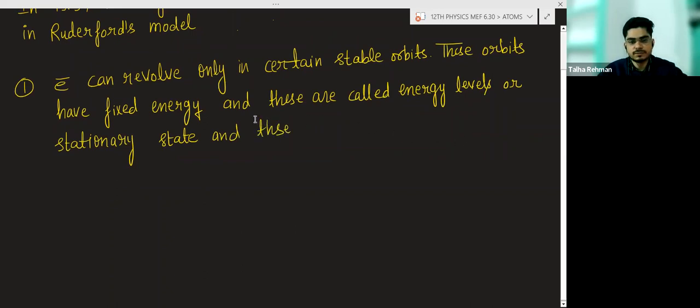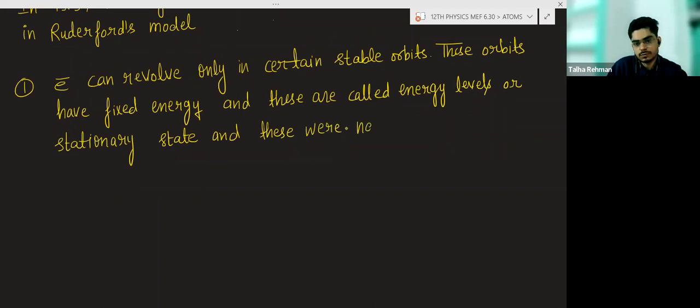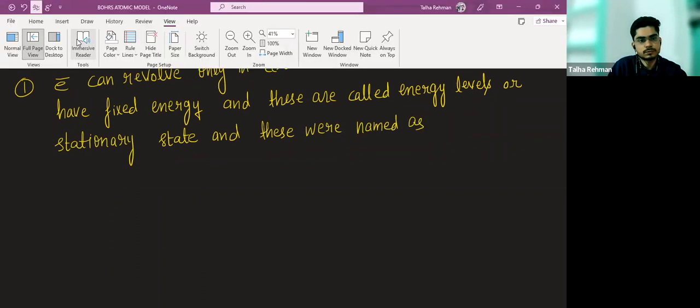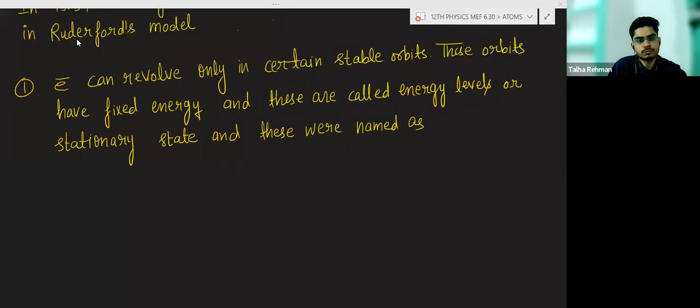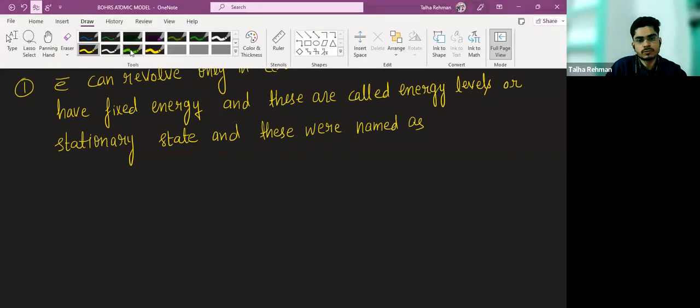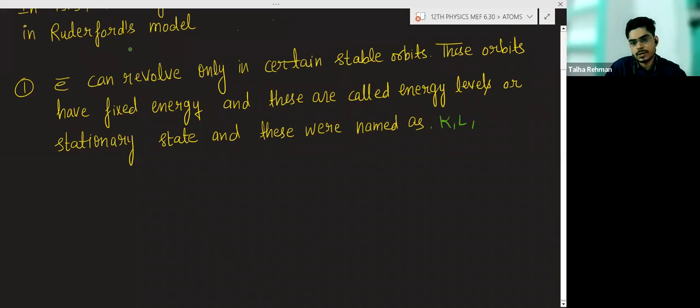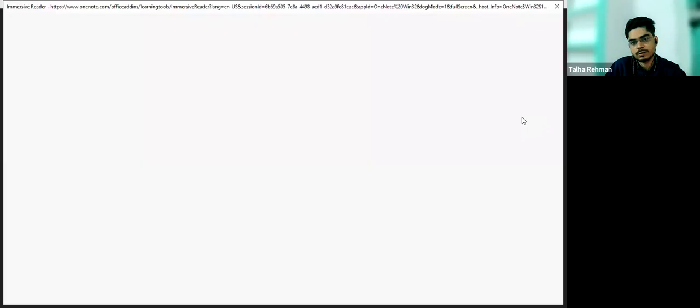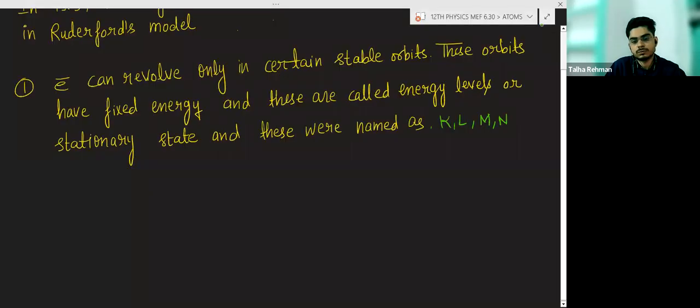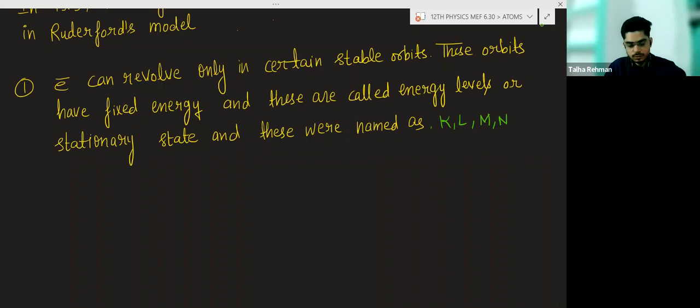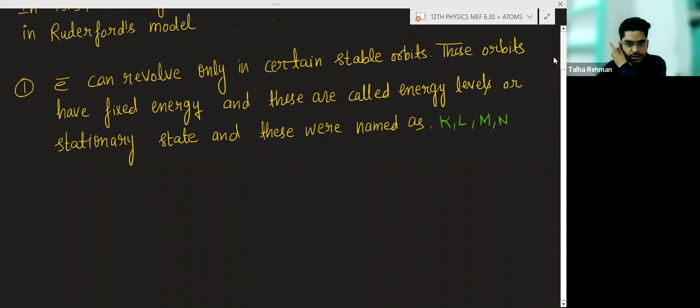These are known as KLMN, the energy levels.